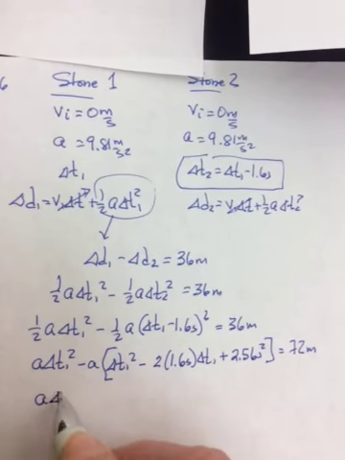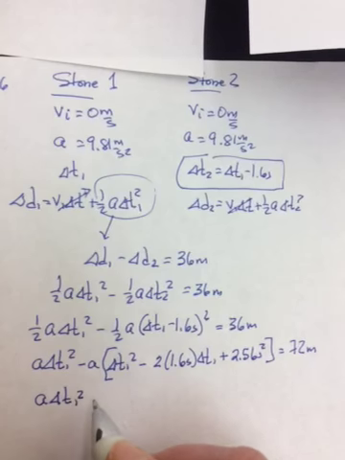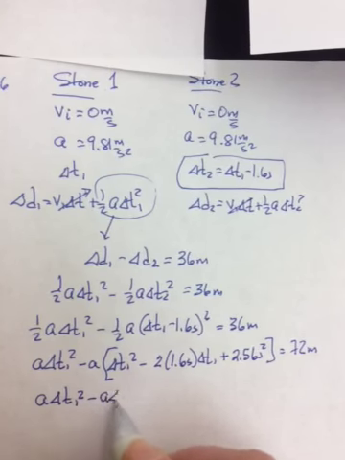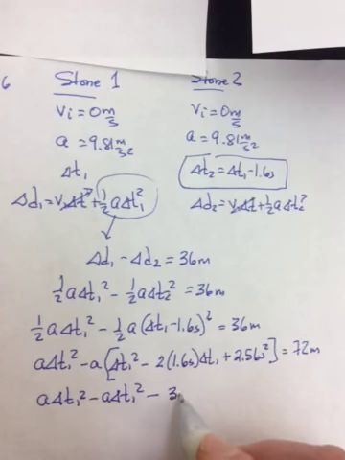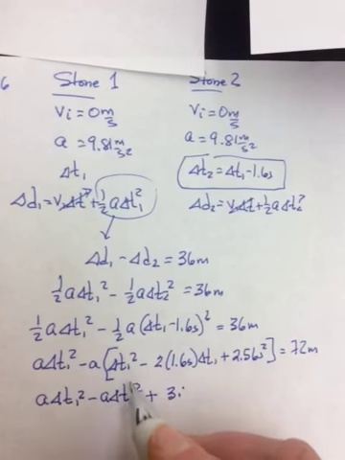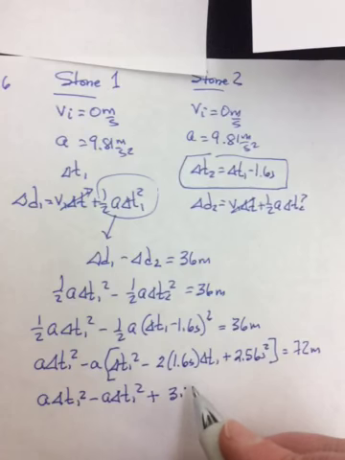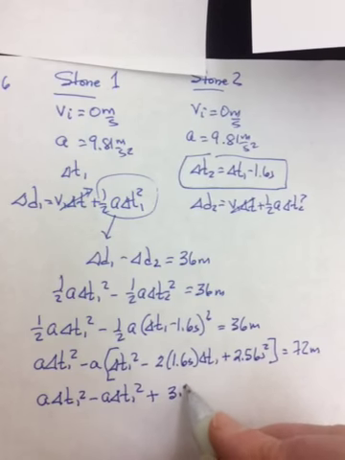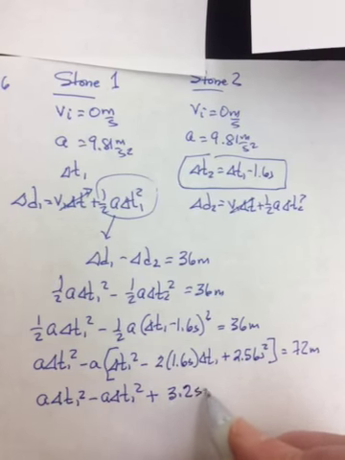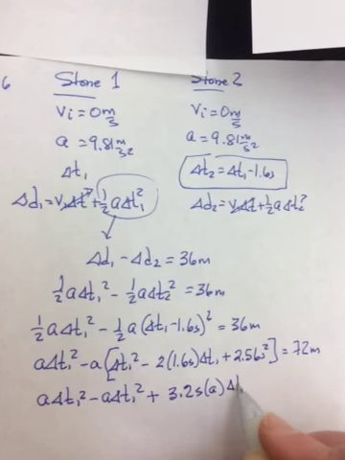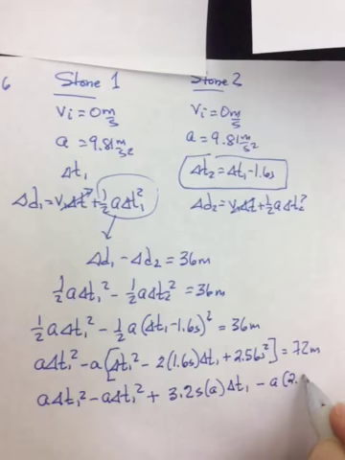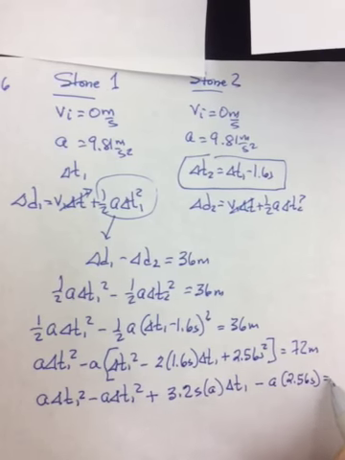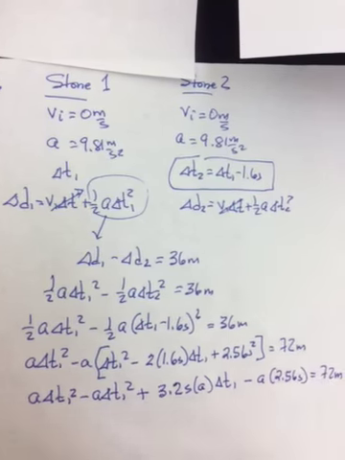Multiply through by the A, so A T1 squared minus A T1 squared minus 3.2 seconds times A times T1 minus A times 2.56 seconds squared is equal to 72 meters.